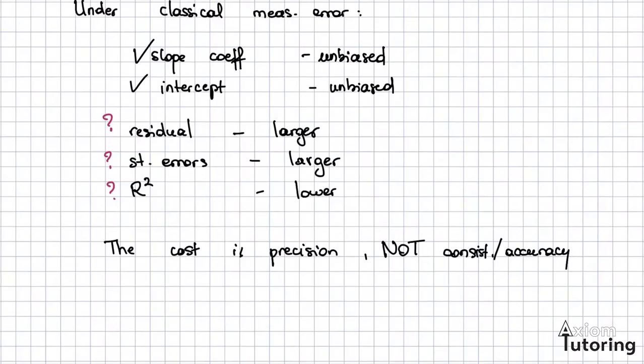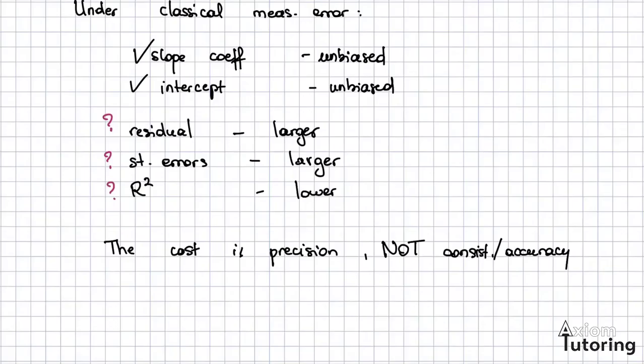Okay? And the lower R square is particularly intuitive in here because R square measures how much of the Y's variation is explained by X. But now Y contains some random noise V and X can't explain the noise, okay? So that's why R square falls. Now, why does this matter? This is actually one of the nicest results in econometrics as we've said so far.